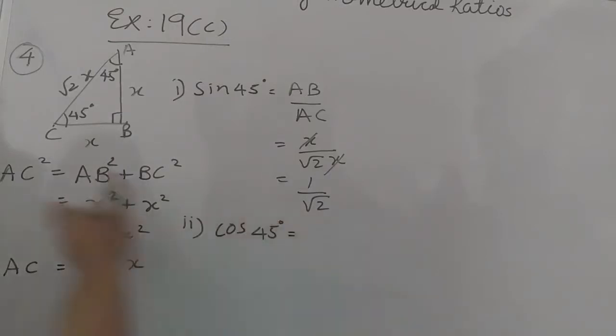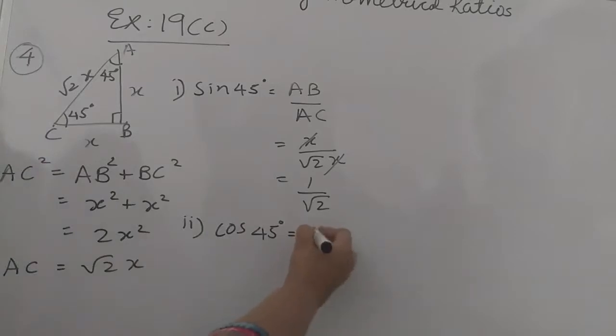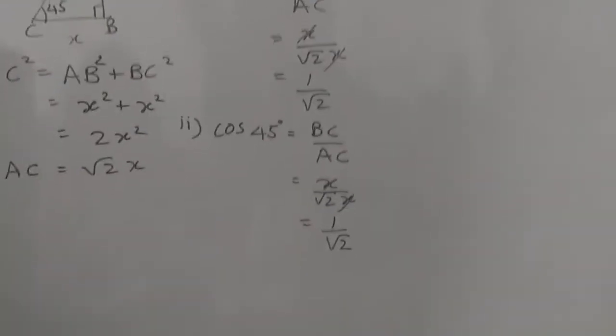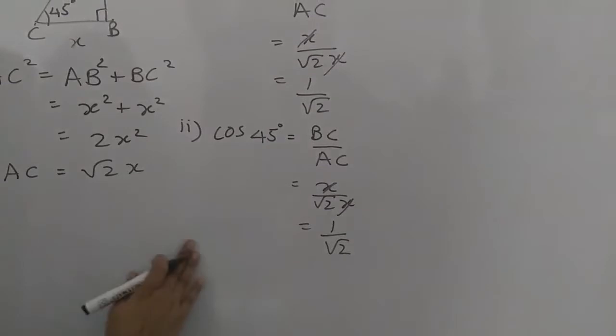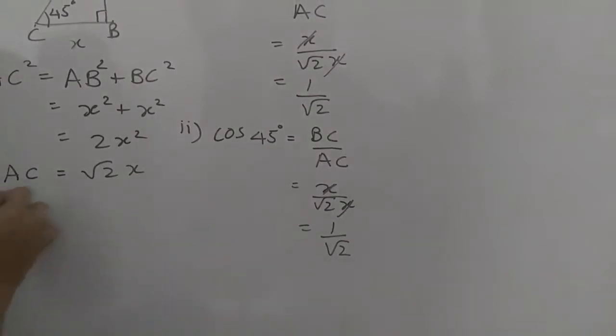Now second is cos 45 degree. For that also the same. Cos means adjacent, that is BC, and hypotenuse AC. Now place the values in it. BC value x and AC is root 2x. So now I get cos 45 also 1 by root 2. Now taking the third one, tan 45 degree.